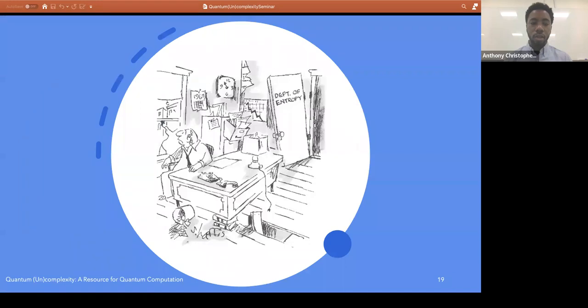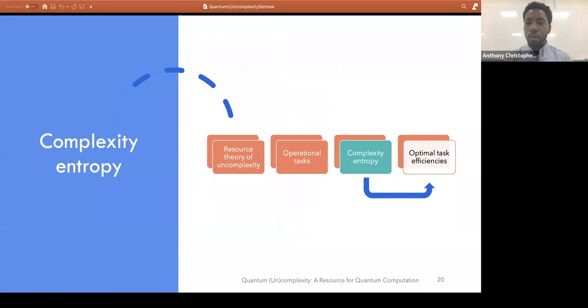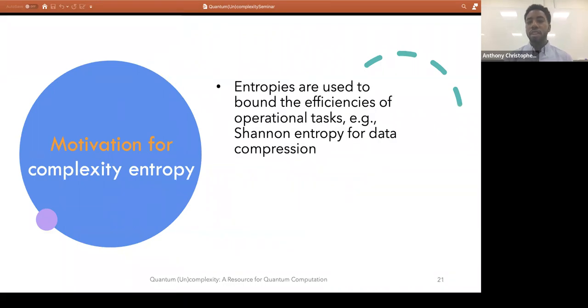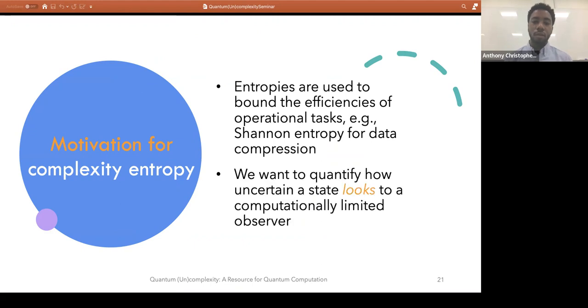Okay. So now let's talk about the complexity entropy. So there are a couple of motivations for the complexity entropy. First is that entropies are used to bound efficiencies of operational tasks. The perhaps most well-known example is the use of Shannon entropy to quantify the limits of data compression.